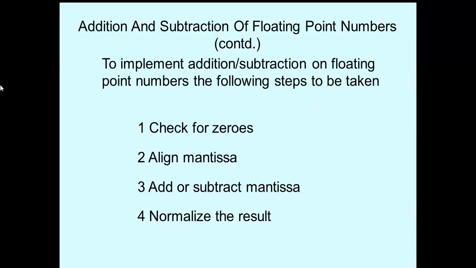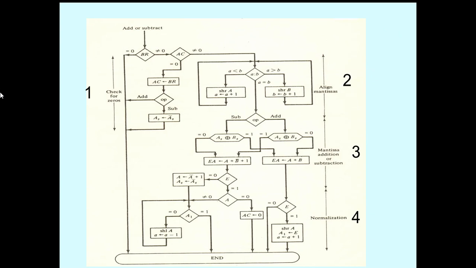Check for zeros, align mantissa, add or subtract mantissa, and then finally normalize the result. This one is a flow chart. I already discussed this one. I hope you understand well. So first step, see this one. This spot is for checking the zeros, whether any number is 0 or not. If it is 0, we have to terminate the process. Why? Because whatever the result was placed in AC, that is the final result.